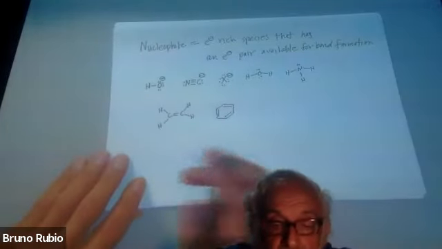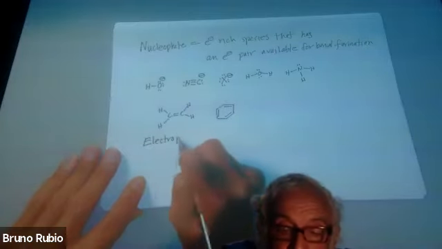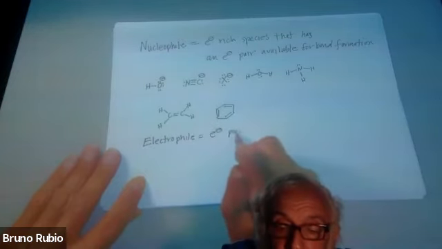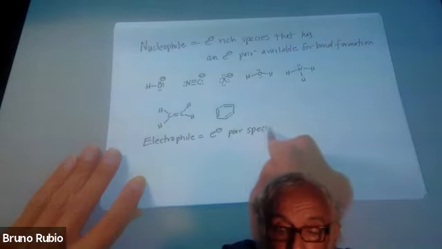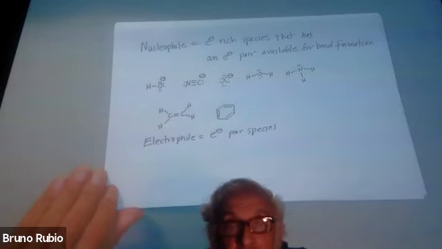The counter image of the nucleophile is the electrophile. The electrophile is an electron-poor species. Many electrophiles are positively charged. That's how electron-poor they are. But some electrophiles are neutral, but there are no negatively charged electrophiles because something that is negatively charged would not be electron poor.